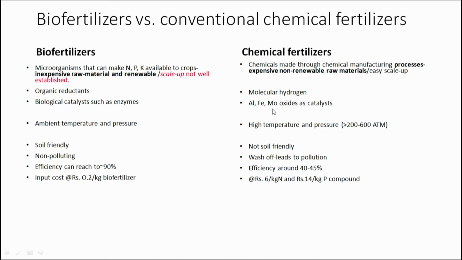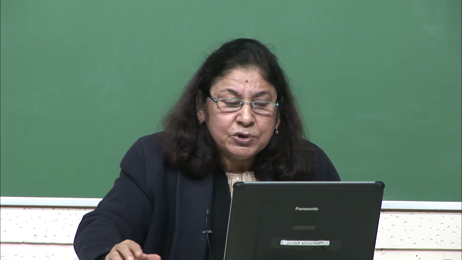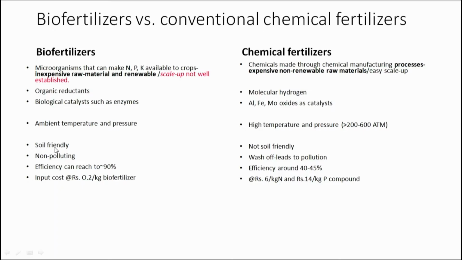So, it is again not a very environment friendly procedure, and similarly very intensive in terms of requirement of high temperature and pressure. Then biofertilizers are going to be soil friendly. Why? Well, because these are bacteria which could normally be occurring within the soil. So, you are not bringing anything extra or anything toxic to the soil. So, we say that these are going to be soil friendly.